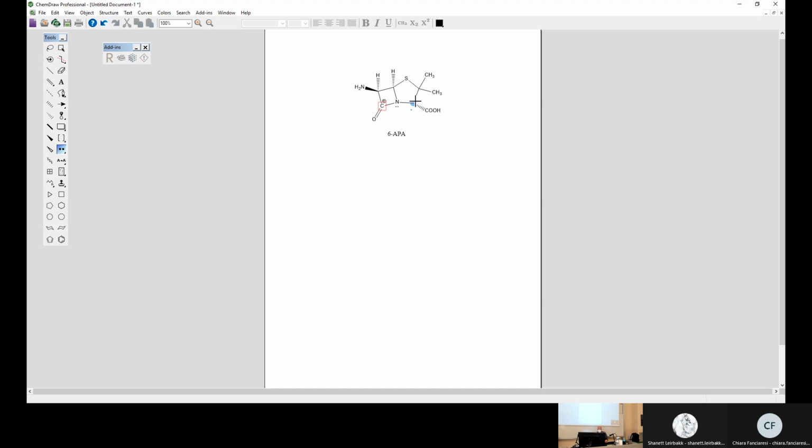And so this carbon atom is located between two more electronegative atoms, the nitrogen and the oxygen. So this carbon atom can be attacked by, for example, nucleophiles.